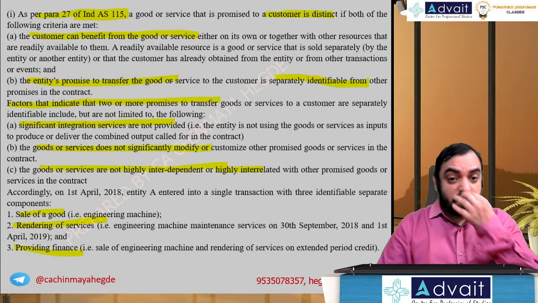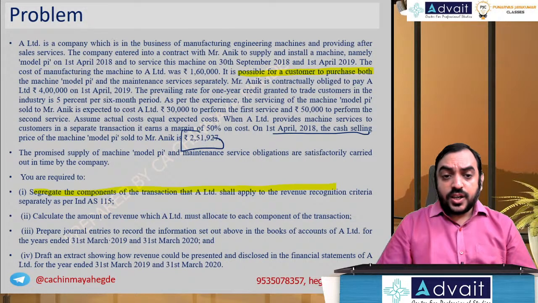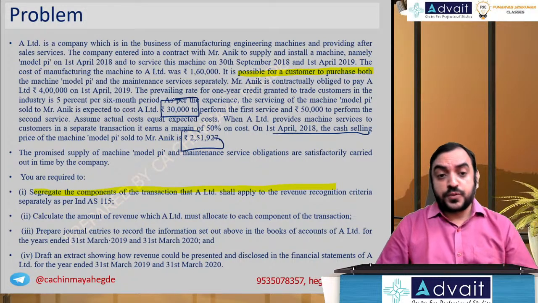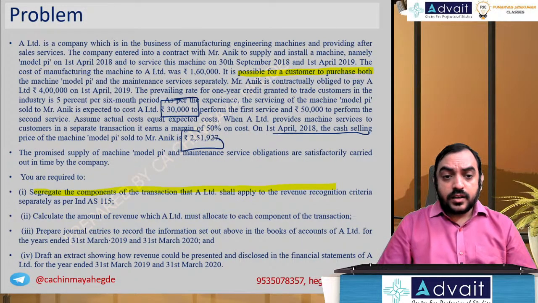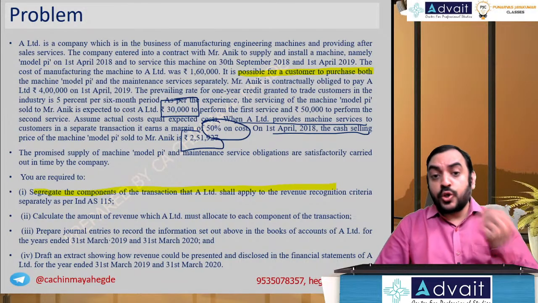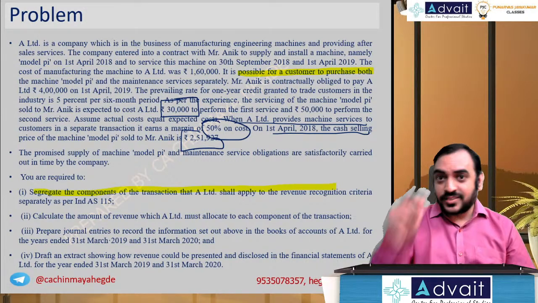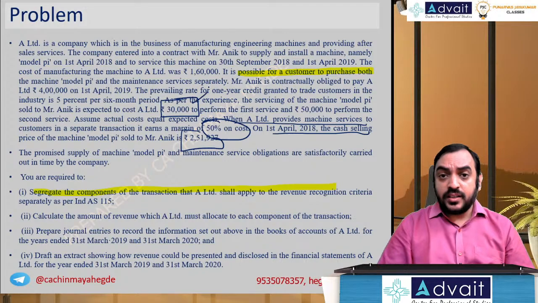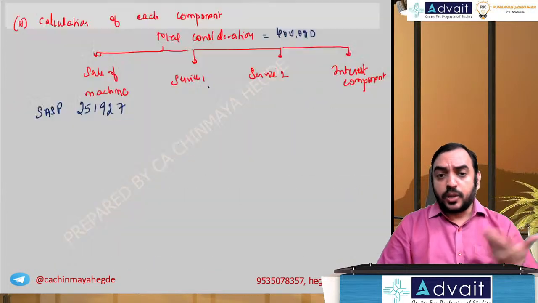Service 1, they said you are going to have an expected cost of 30,000, and when A Limited provides the machine service to a customer in a separate transaction, it keeps a cost margin of 50%. 50% margin you are going to maintain on cost, on service. So if you spend 30,000, that will be the cost plus method.